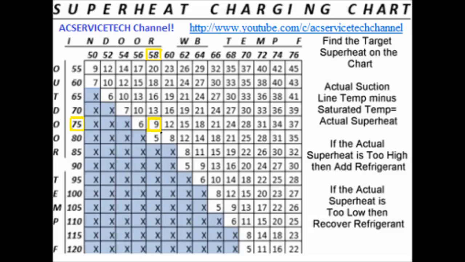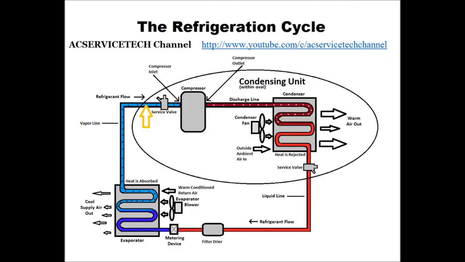So you have to set it to the outdoor temperature and the wet bulb for that day on the target superheat chart. You need to set that superheat correctly so that on a cooler day you don't have liquid getting into the compressor. All right, it's a big deal.